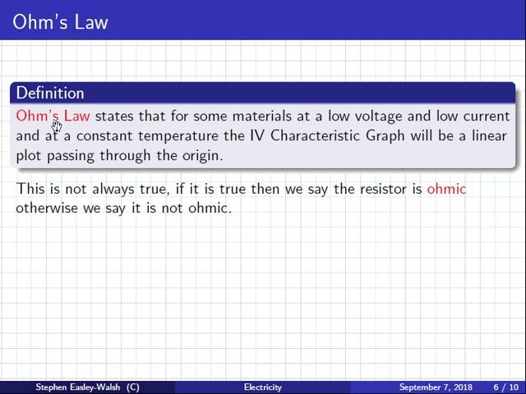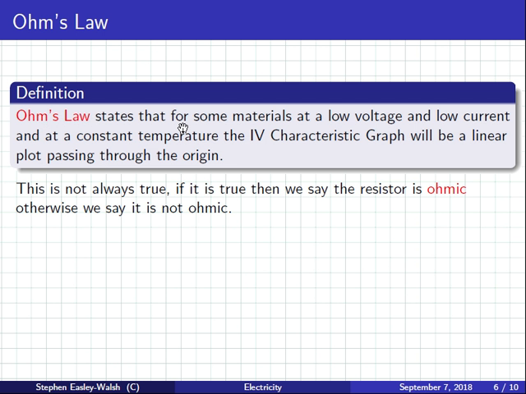Adjective. Ohm is a person. That's a noun. It's the name of the unit of resistance, right? This is Ohm's law. You see the apostrophe S? Because Ohm is also a person, so this is his law.